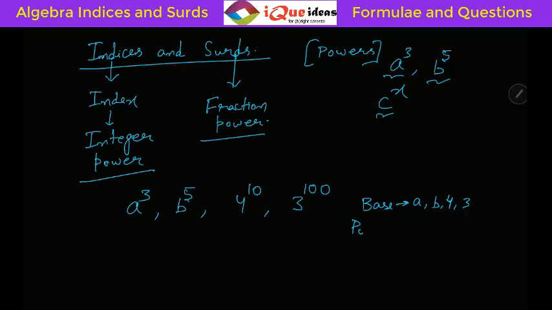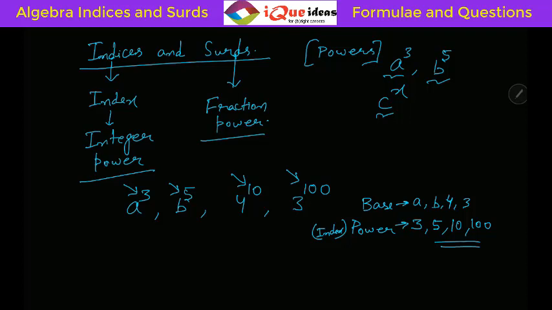And their power, which is also called in this case index, for a the power was 3, for b the power is 5, this 10 is the power of 4 and this 100 is the power of 3. So this is what we mean by the terms indices or index.